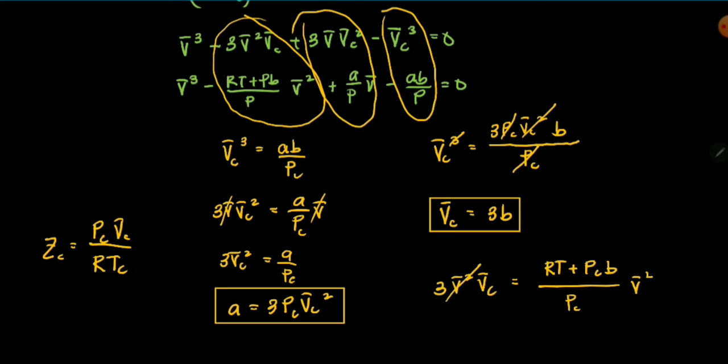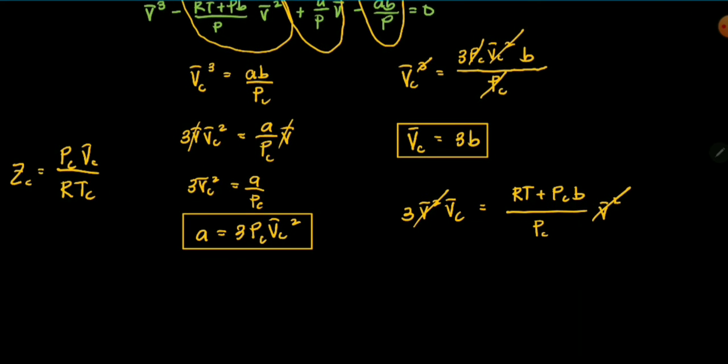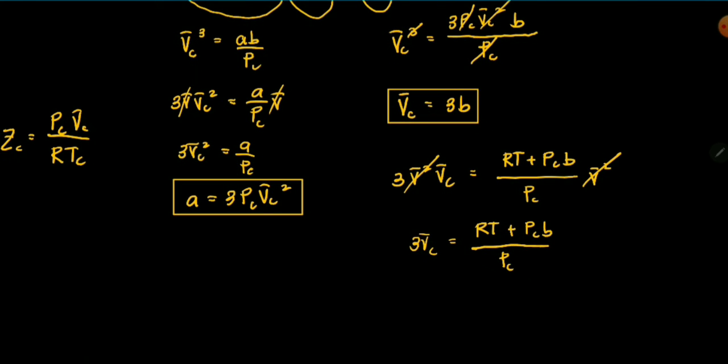Of course, the V that is not critical cancels. So, we see that 3VC is equal to RT plus PCB over PC. Since 3PCVC is equal to PCB plus RT, I multiplied PC at the top.